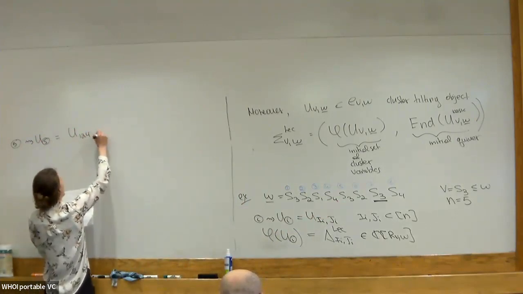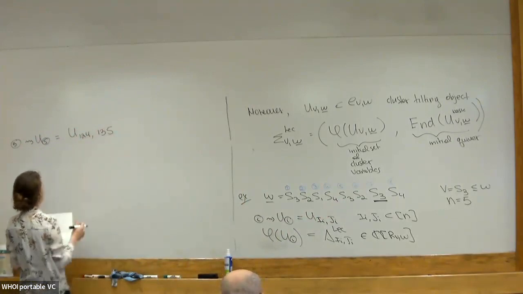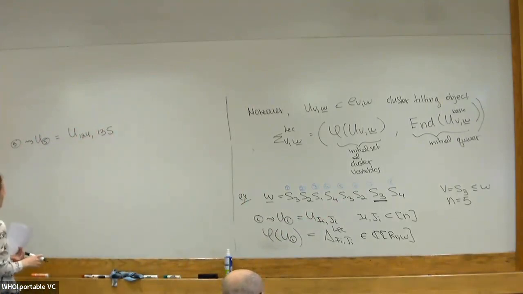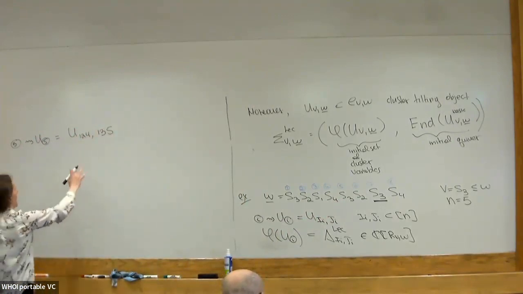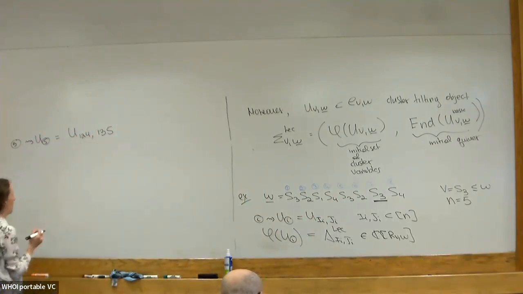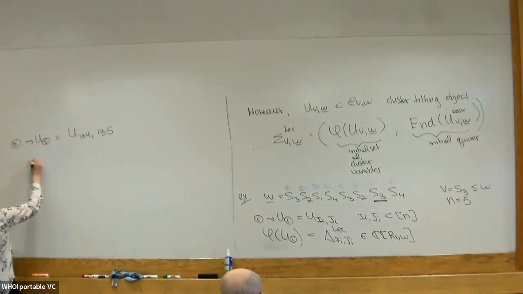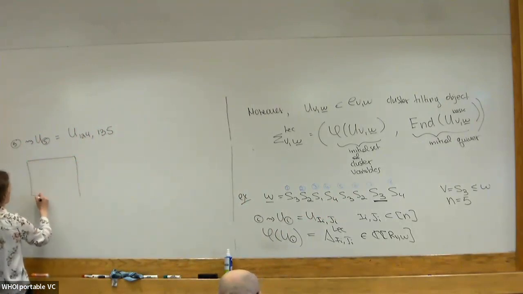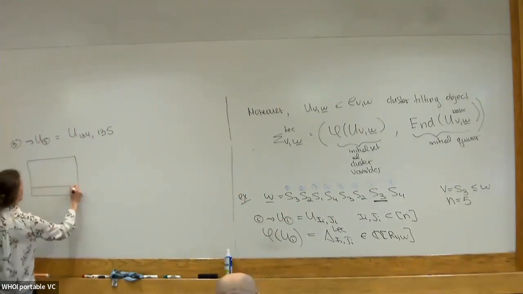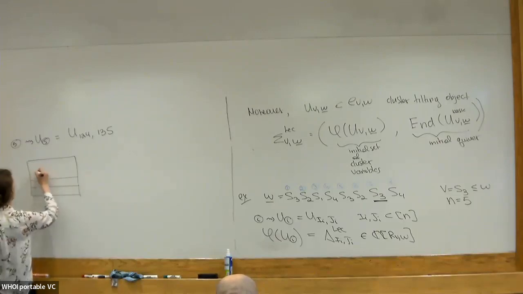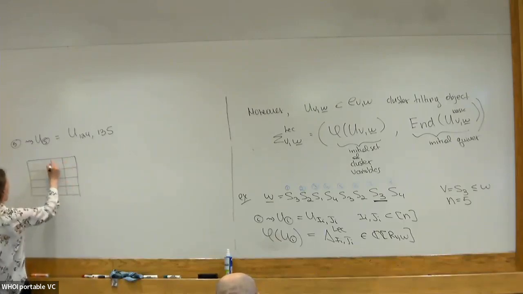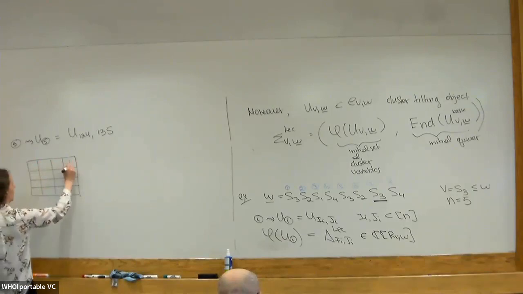So this I and this J are 1, 2, 4 and 1, 3, 5. And given this, how can I interpret this as a module? So what you do is you look at this grid, 1, 2, 3, 4, 5.